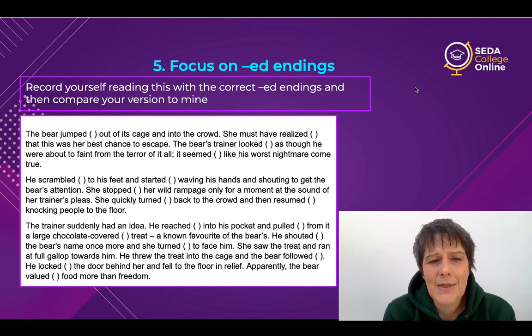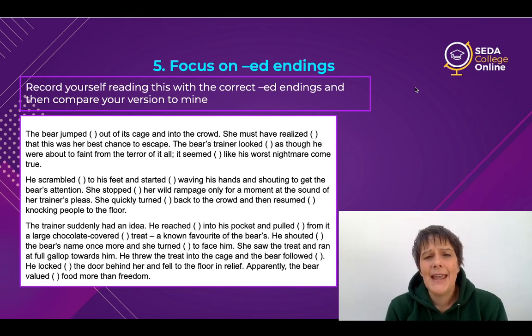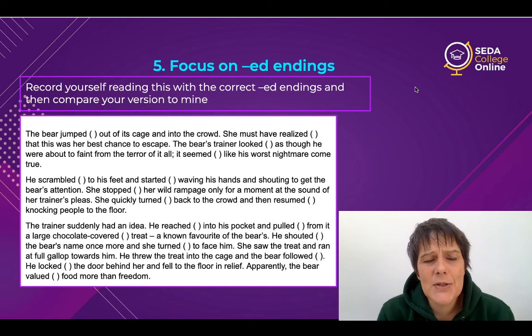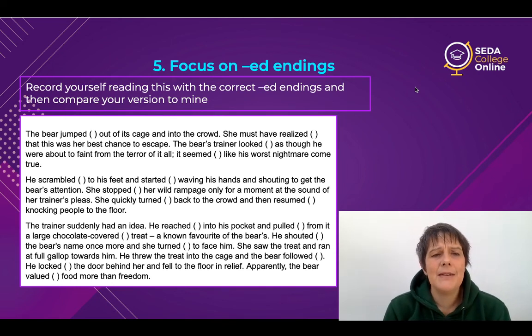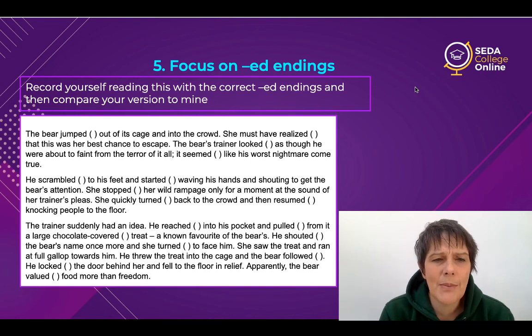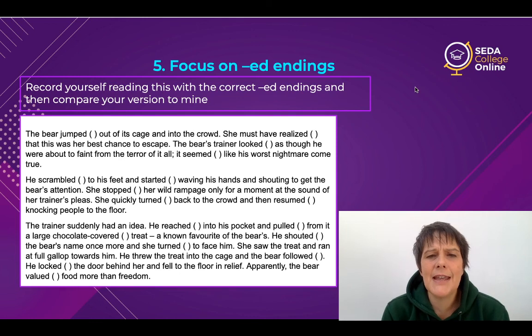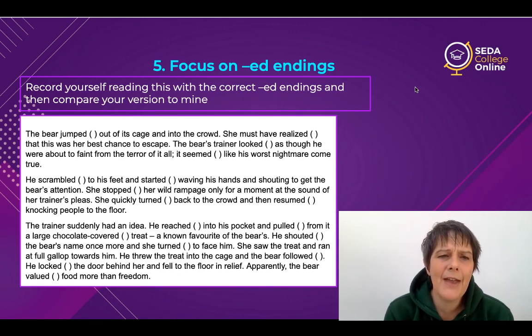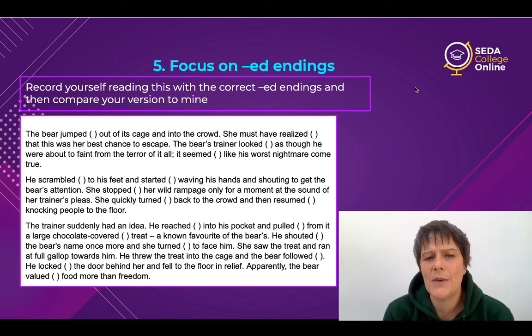So what I'm trying to do there, as well as the ed endings, is show you that you have to choose the content words and put the stress on those words, and all the small words, the prepositions, the pronouns, the articles, they don't really matter for the meaning, and therefore you just squash them all together and say them as quickly as you can.